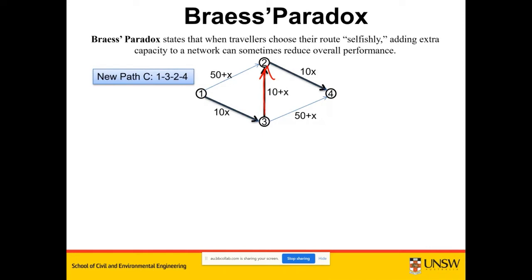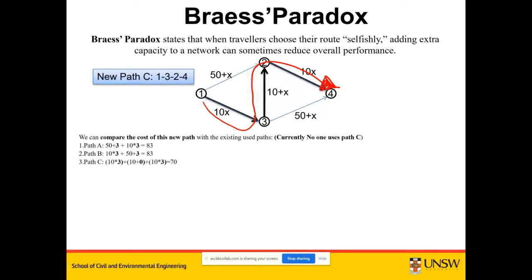So in this case, if we add this link into the network, this new path will become the shortest path. And because people selfishly choose their path, everybody will switch to this path. And it actually ends up making it worse for everyone.